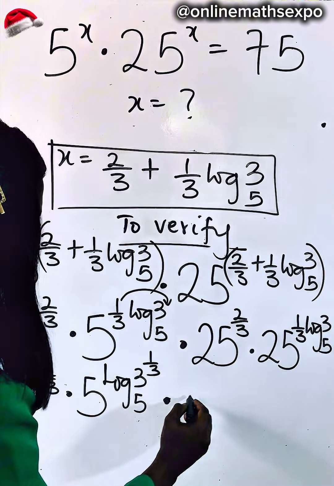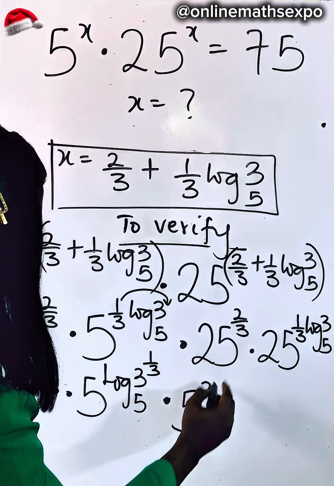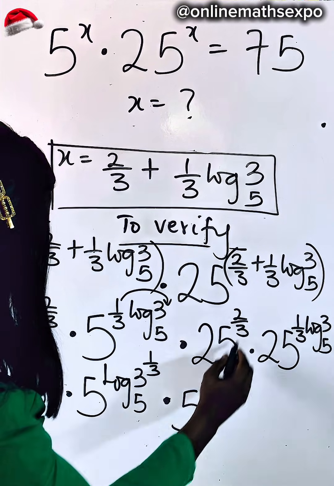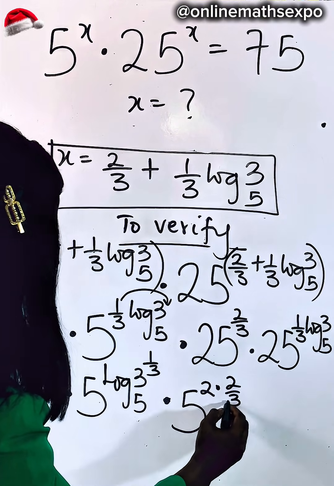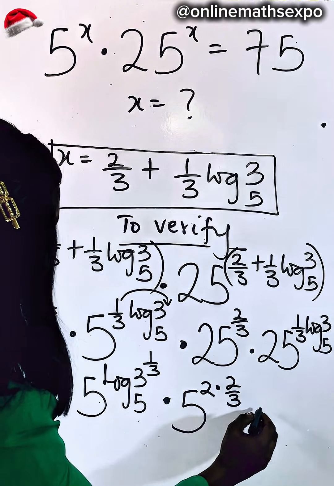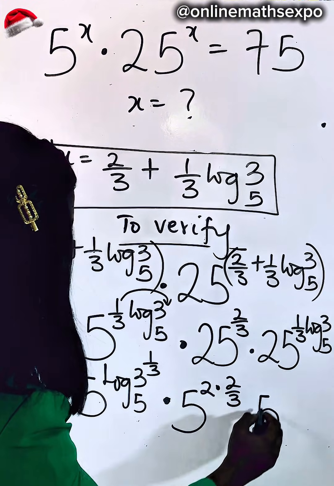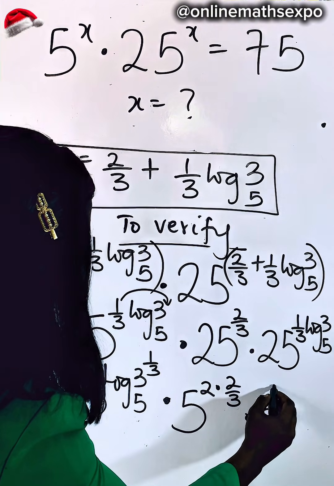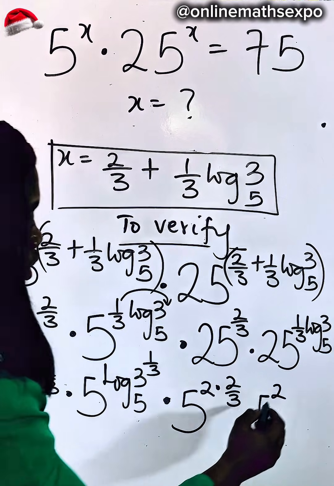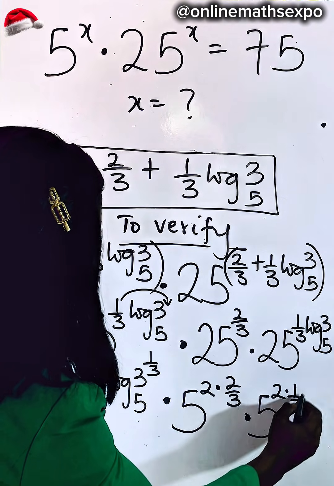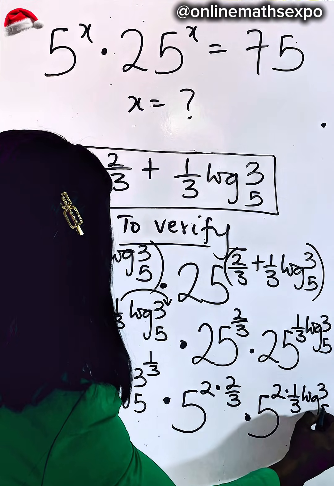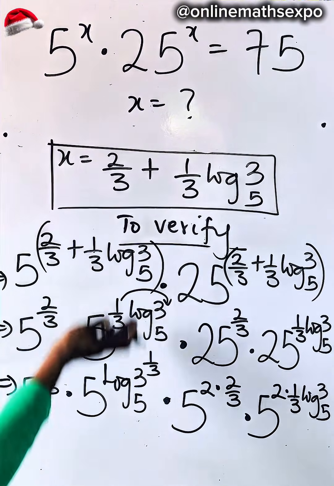We can rewrite 25 as 5 squared. And then is to be multiplied by this power, which is 2/3. Then multiplied by this will give us 5 to the power of 2 is to be multiplied by 1/3 of log 3 base 5. Keep solving.